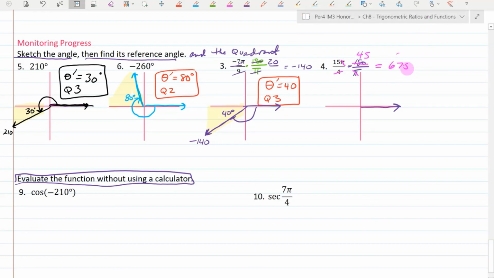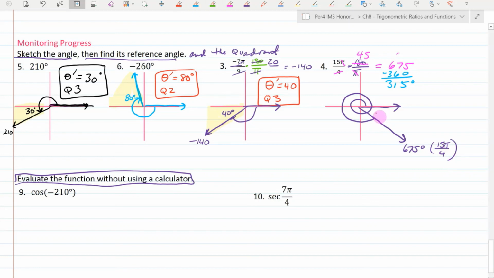That'll give you 675. And then I'm going to subtract 360 from that, so that will give me 315. So that means I'm going to go around 360 and then another 315 after that. So this is 675 degrees, which is the same thing as 15 pi over 4.